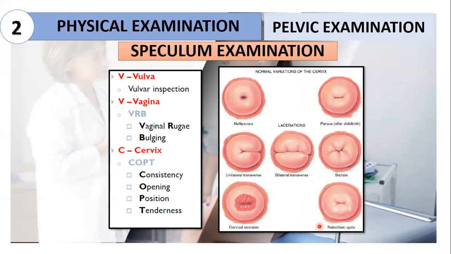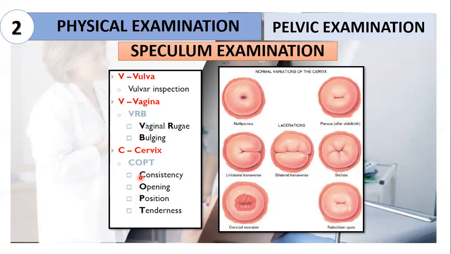In this part of the examination, we could also check for the vagina. We also have a mnemonic, VRB, for the vaginal rugae and check for bulging. These are done by palpation. As for the cervix, we check also for the consistency, opening, position, and tenderness. For the consistency of a non-pregnant woman, try touching the tip of your nose.